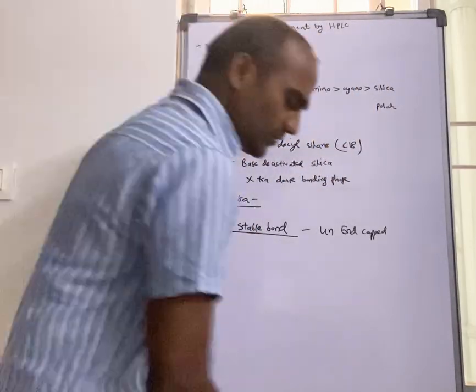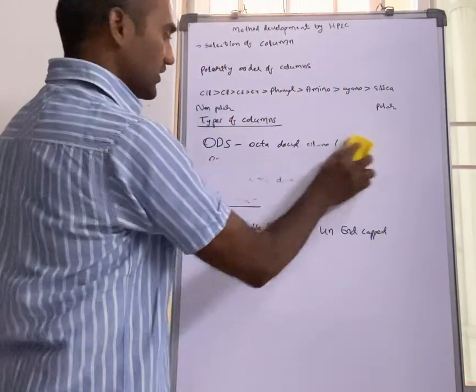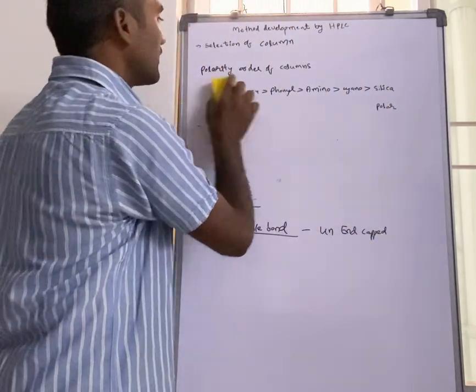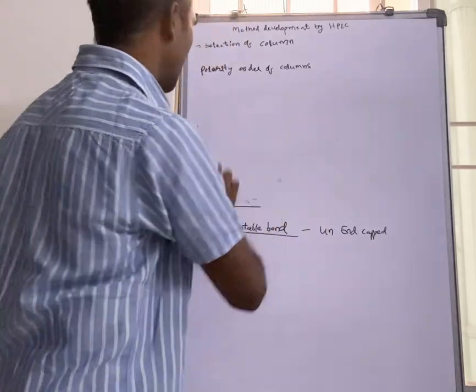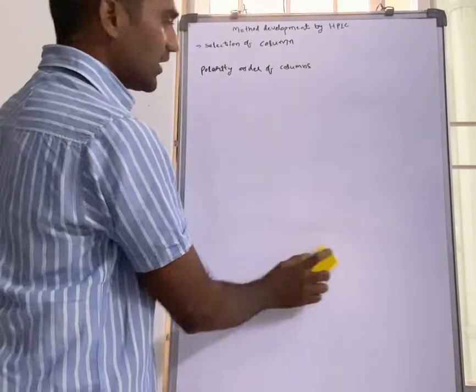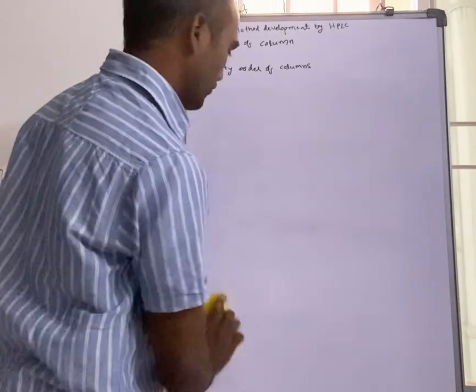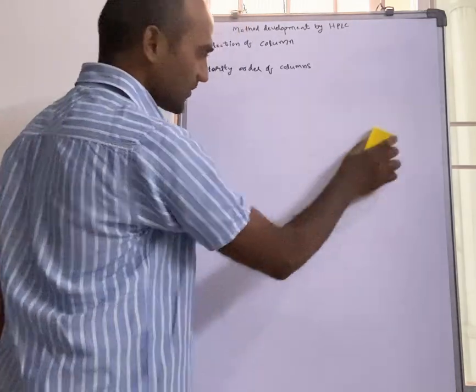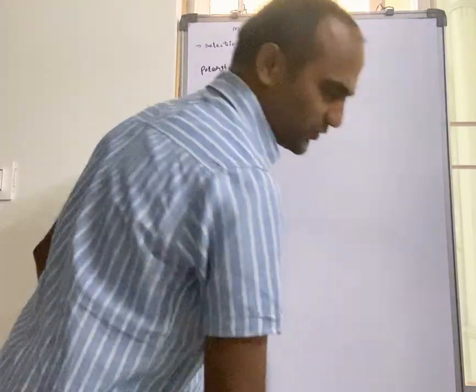So we discussed different types of columns and how to select them, but there will be a question in all of our minds: which column do we have to use?